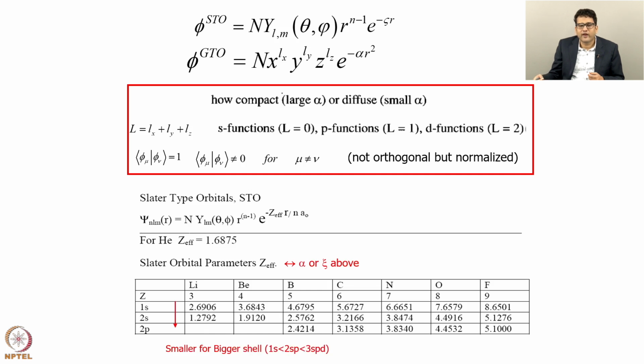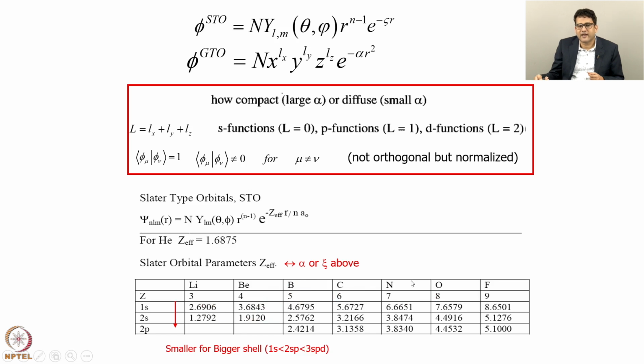The more I go out from 1s to 2s to 2p, my orbitals will be more and more diffused. The 1s will be more tightly bound, 2s will be slightly more diffused, 3s will be more diffused, like that. And if you go from left to right in this table, you can see the value of this exponent, the Z effective, is increasing.